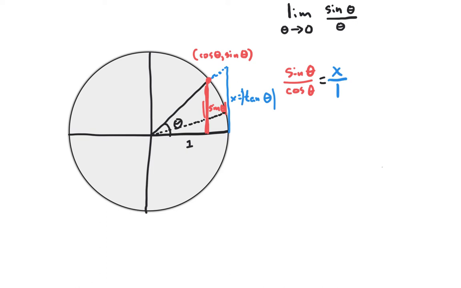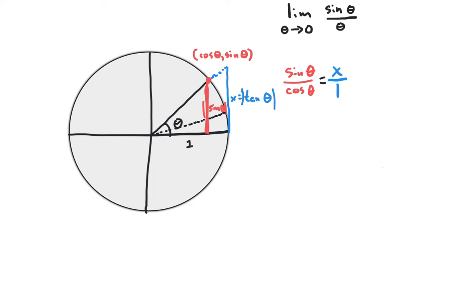So the three areas are going to be this red triangle, this sector of the circle, and this blue triangle. And you can imagine with a smaller theta, the difference between those areas would be very small. Think about what this diagram would look like with this smaller theta, and you can see that the difference between the areas of each of the three figures we're looking at would be very, very small.